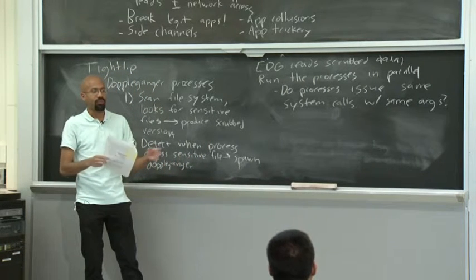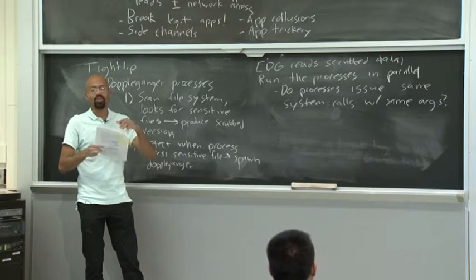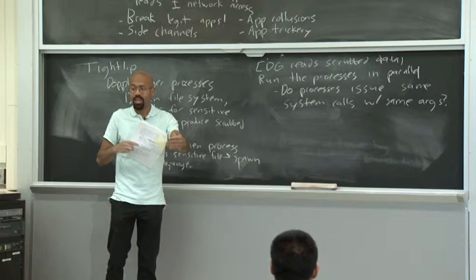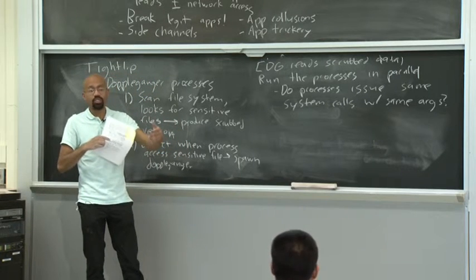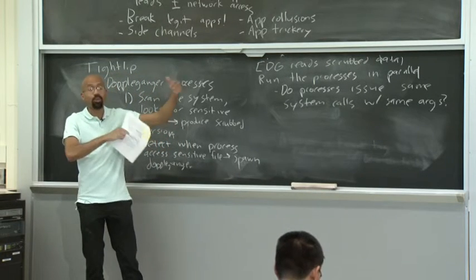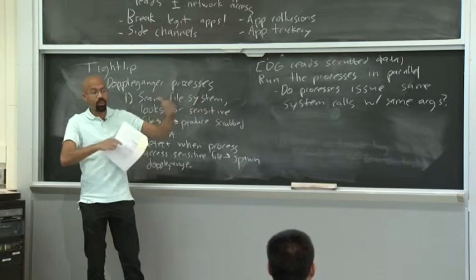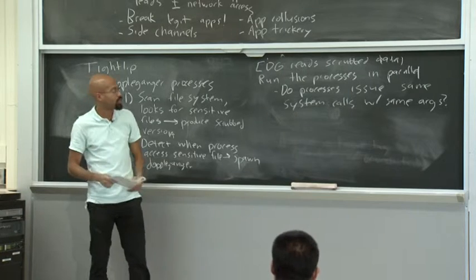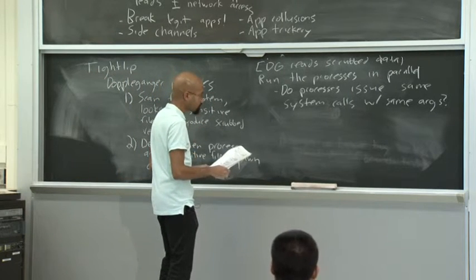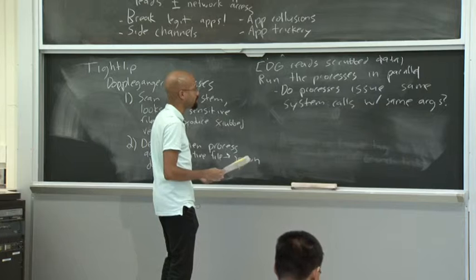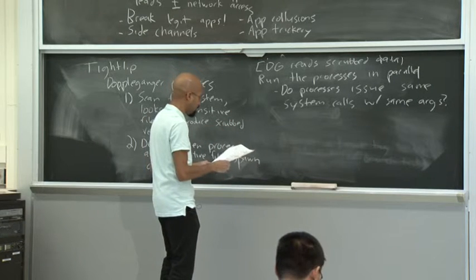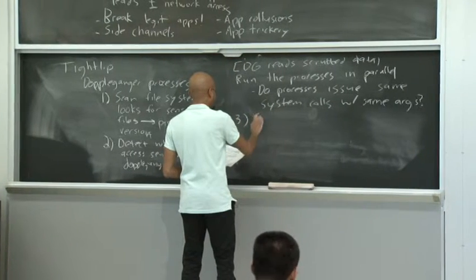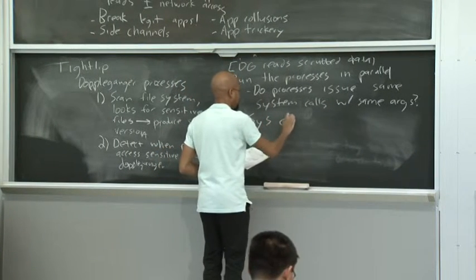In other words, if I start a process that tries to open some sensitive file, I feed it basically junk data and let it execute. If that doppelganger process still does the same things that the regular process would have done, then presumably it wasn't influenced by that sensitive data at all. So TightLip will let these processes run and then check these system calls. And then it might happen that at some point the syscalls diverge.